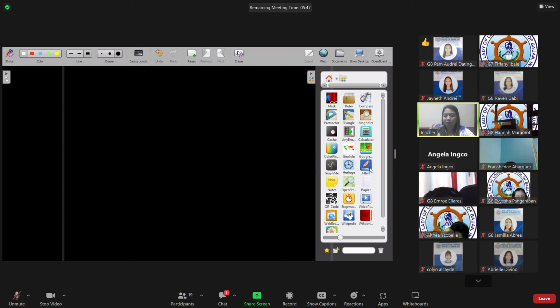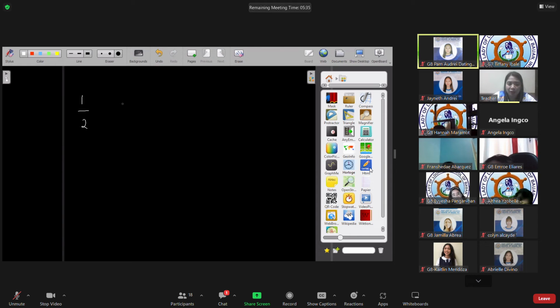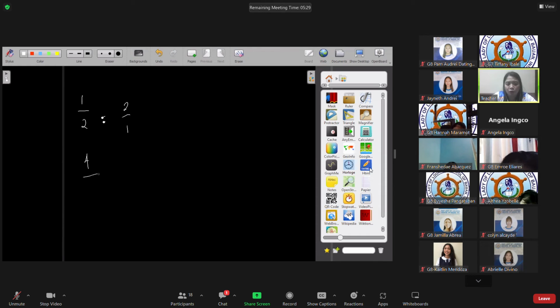When we say reciprocal in a fraction, so for example, we have 1/2. What is the reciprocal of 1/2? 2 over 1. Okay, so that is 2 over 1. How about the reciprocal of 4 over 8? 8 over 4.